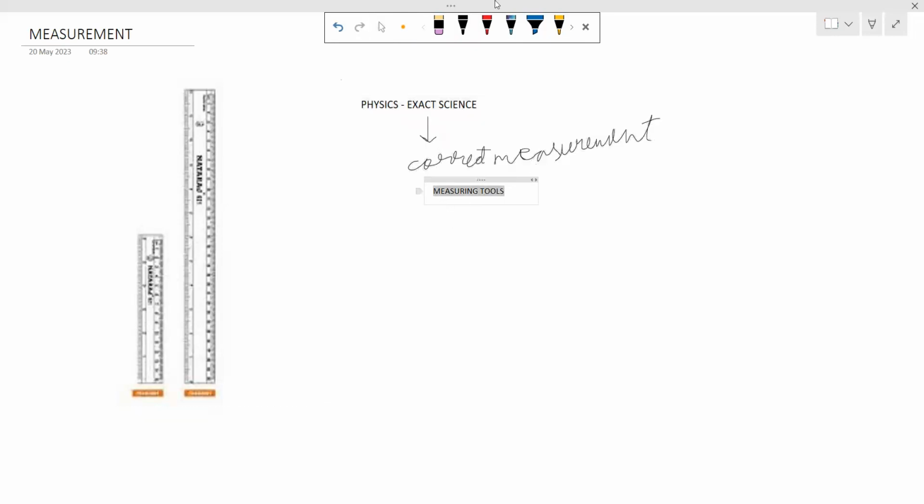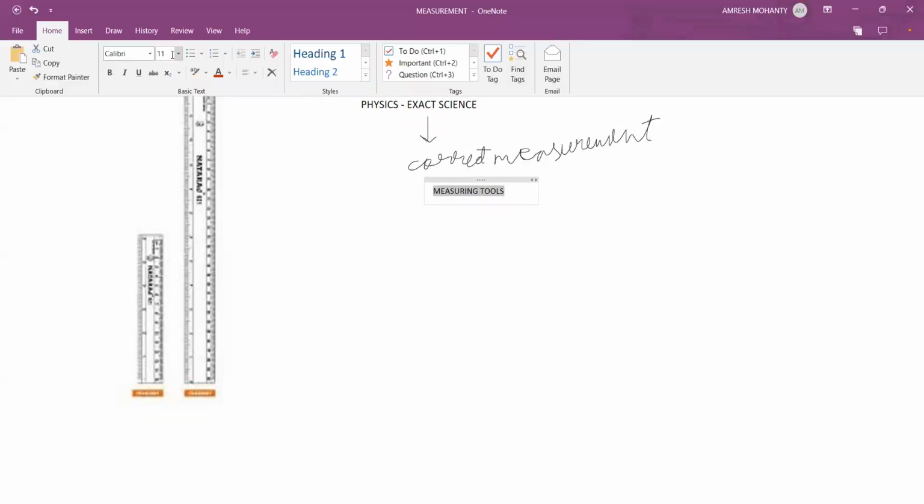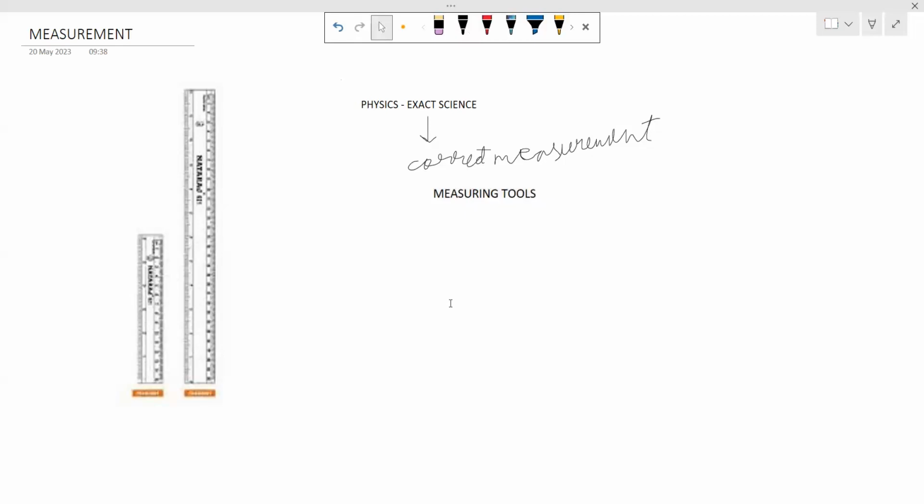What are measuring tools? Measuring tools means the devices that are used for measuring different substances or different materials. So, for example, your meter scale. Here I have given the photo of meter scale. In this meter scale, you are easily able to measure the length of one material.